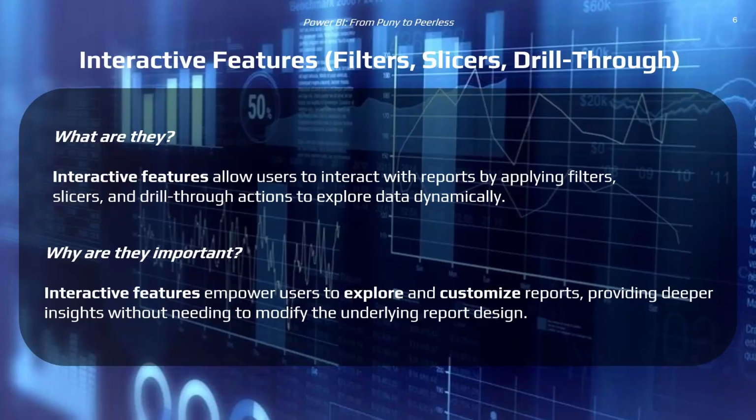Interactive features: filters, slicers, and drill through. What are they? Interactive features allow users to interact with reports by applying filters, slicers, and drill through actions to explore data dynamically. Why are they important? Interactive features empower users to explore and customize reports, providing deeper insights without needing to modify the underlying report design.